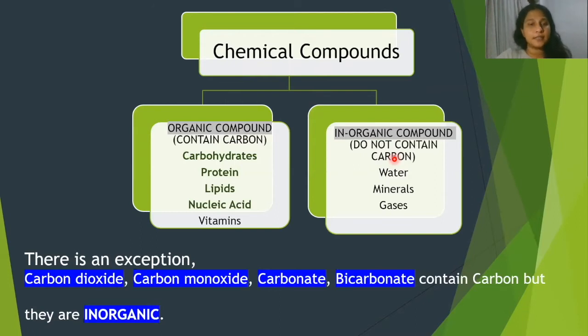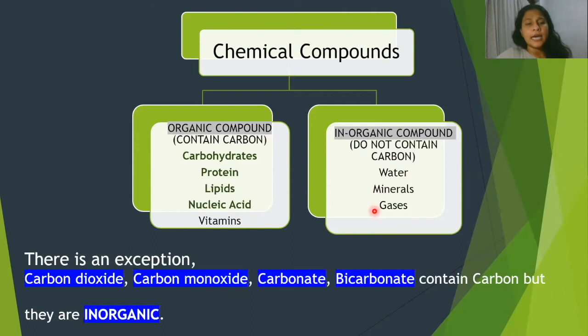Organic compounds are carbohydrates, proteins, lipids, nucleic acids, and vitamins. In this lesson, you have to learn carbohydrates, proteins, lipids, and nucleic acids in the main terms, and vitamins in the latter part of your lesson. Inorganic compounds, which do not contain carbon, are water, minerals, and gases.